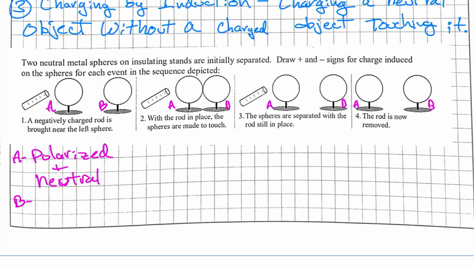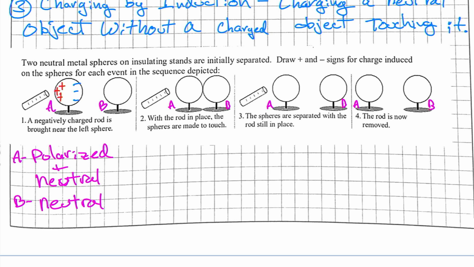And sphere B is just going to be neutral. So sphere A is going to have, the rod here is negative. That's going to make the electrons repel. The electrons are going to go over to the right side, and that leaves positives over on the left.